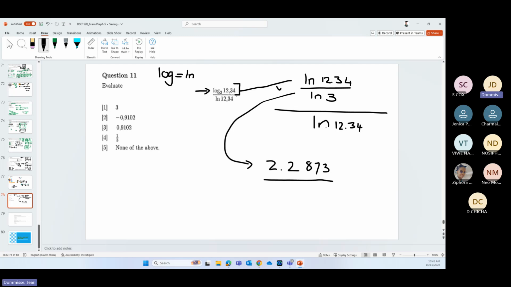And then we're going to divide by ln 3, which is 1.0986, to get an answer of 2.2873. It will be good to know, the guys that have that thing built into their calculators, if you actually get the same as what we now got.